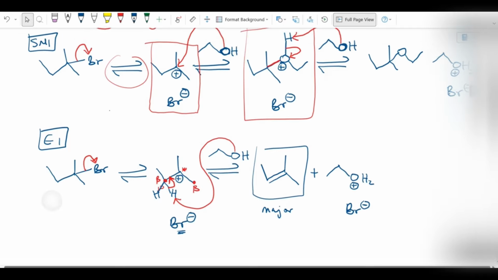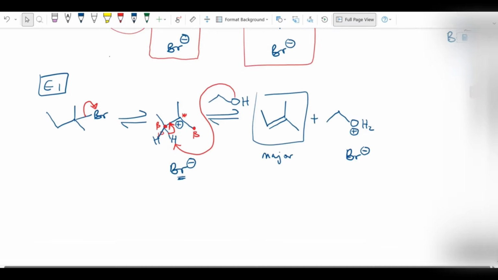Let's draw a separate mechanism to show how the minor product will be formed, which is the Hofmann product. Let's start from this carbocation intermediate.